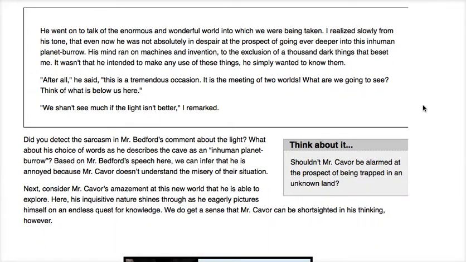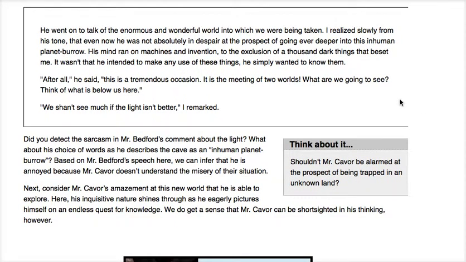He went on to talk of the enormous and wonderful world into which we were being taken. I realized slowly from his tone that even now he was not absolutely in despair at the prospect of going ever deeper into this inhuman planet burrow. His mind ran on machines and invention to the exclusion of a thousand dark things that beset me.